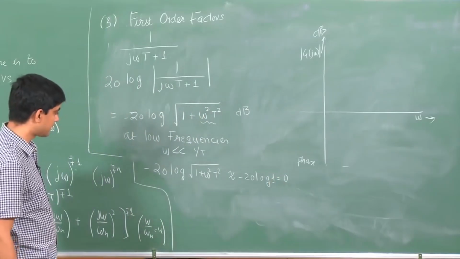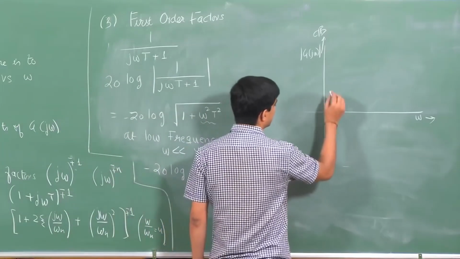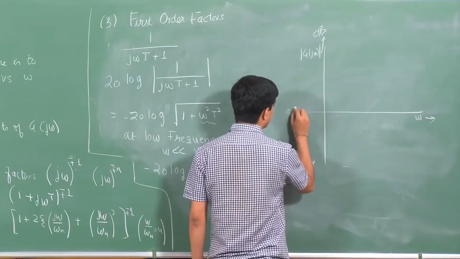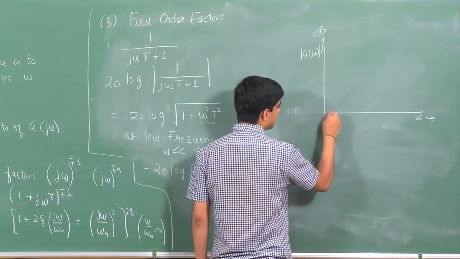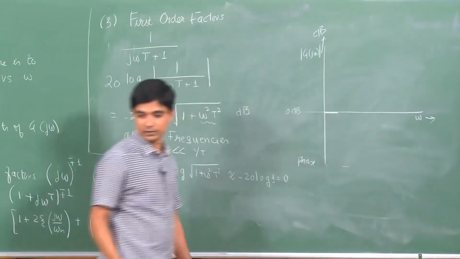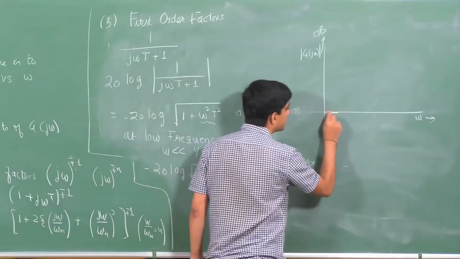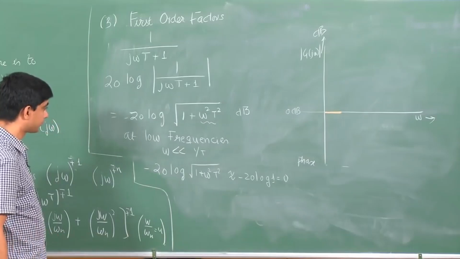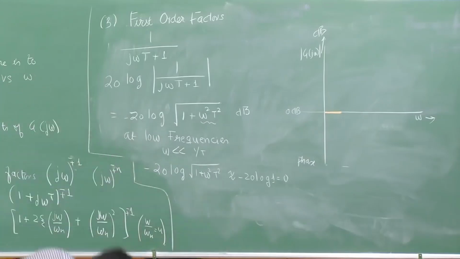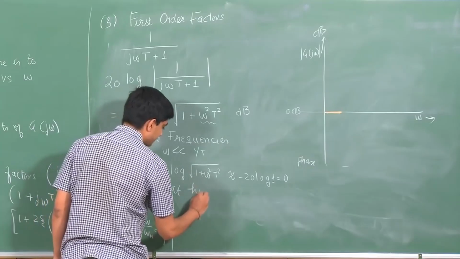Okay. So, what can I say is that for low frequencies, okay, if this is my 0 dB line, then I will just be here, right. Okay, I will use a color chalk for this one here. Okay. Until what point? Okay, let us see. Okay, let us see when this changes at high frequencies.